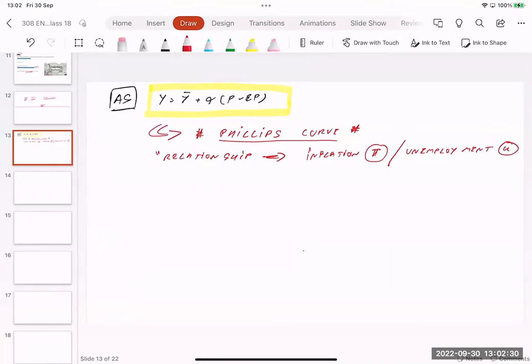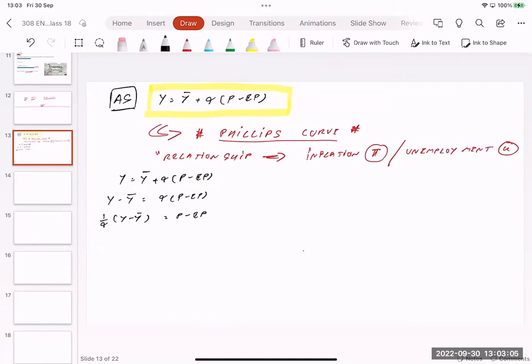Let's start with the aggregate supply equation. We have y equal to y bar plus alpha times p minus ep. I'm going to rearrange the equation, moving y bar to the left, so y minus y bar equals alpha times p minus ep. Then I divide by alpha on both sides: 1 over alpha times y minus y bar equals p minus ep.